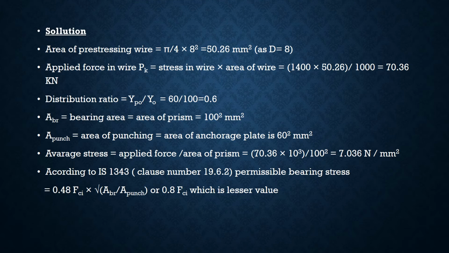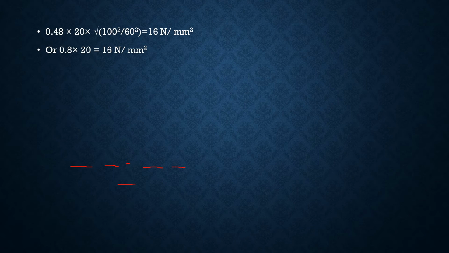I have already told you regarding ABR and A punch. So now 0.48 into FCI value is 20, and ABR is equal to 100 square and A punch is equal to 60 square.